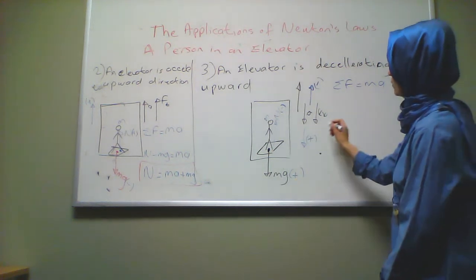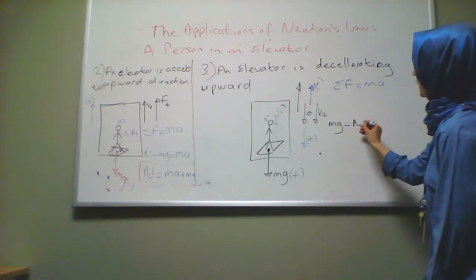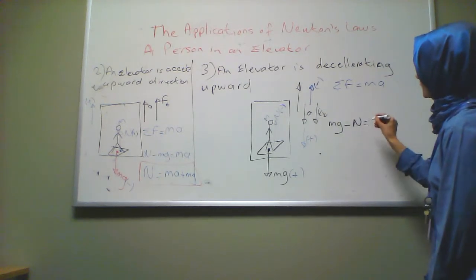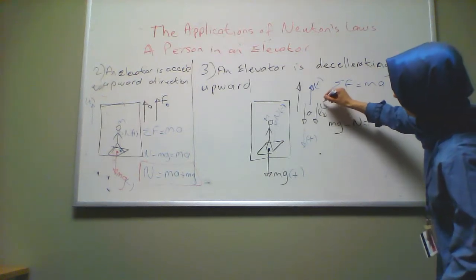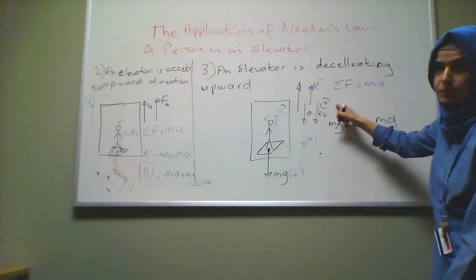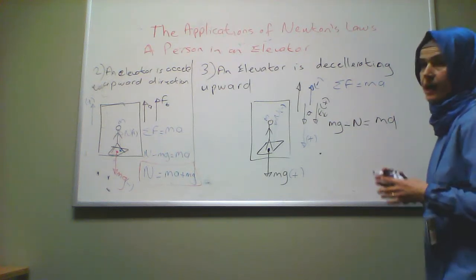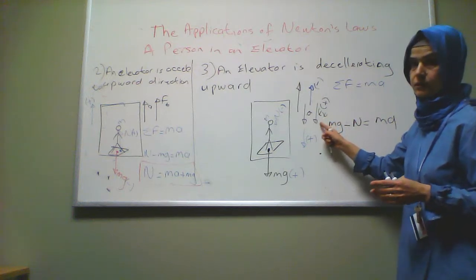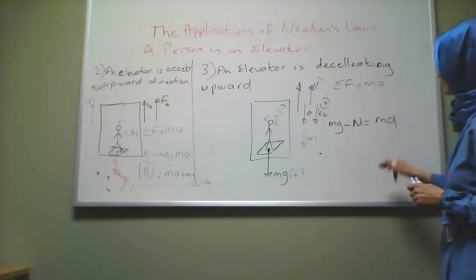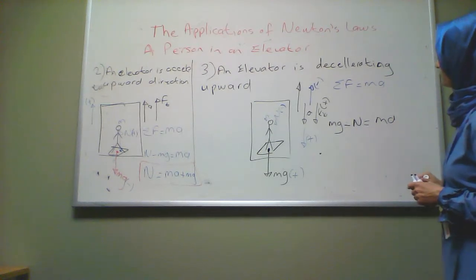So downward mg minus N in the minus direction is equal to F total, ma. My F total is also plus, because I always choose this direction to be plus, right? If you change the directions, you have to know what you're doing. I would suggest you not to change. Always take the direction of F total to be positive, so you won't be making mistakes. Okay, so mg minus N now is equal to ma.